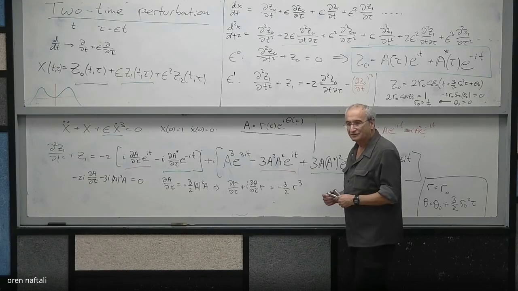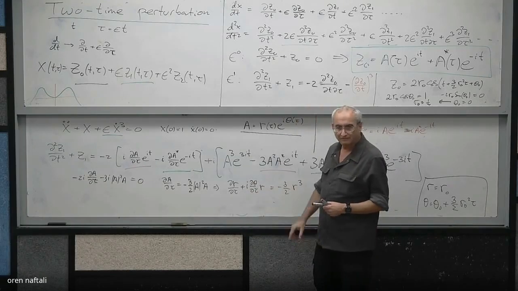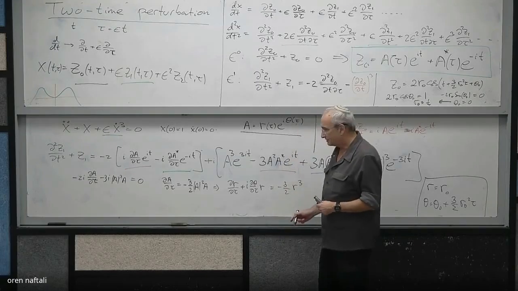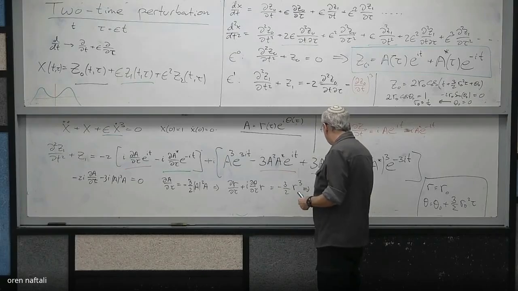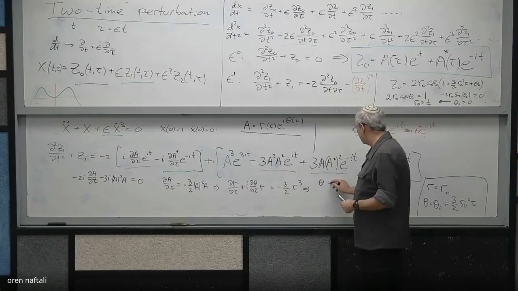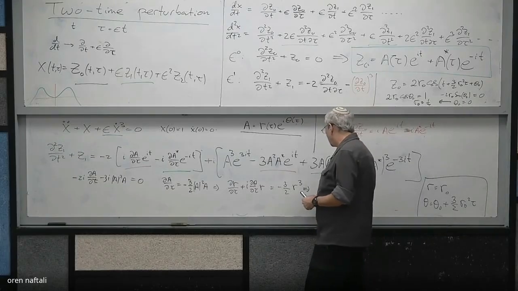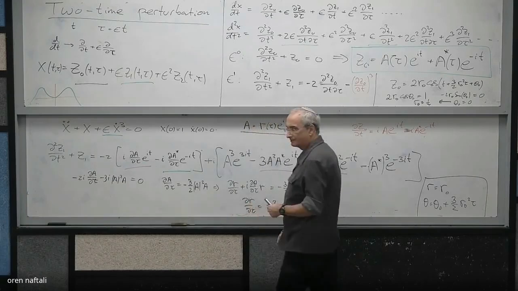And now you see that separating this into real and imaginary part, what I will get is dtheta/dtau is 0. So theta is theta naught, right? And dr/dtau is minus 3/2 r cubed.